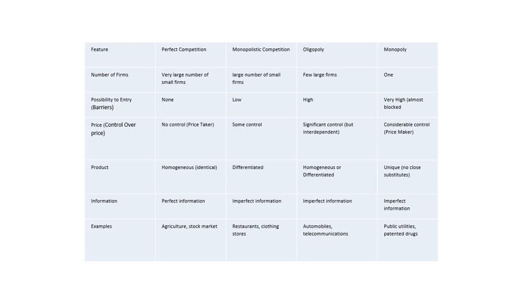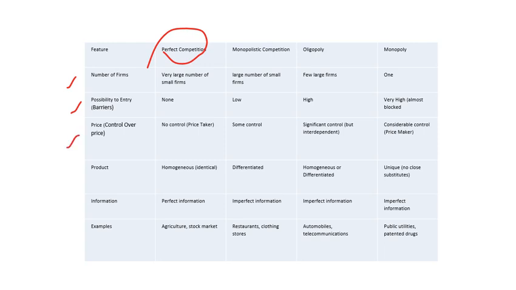Let's start with perfect competition. The first question to ask is how many firms are in this market, and the second question is how easy it is to enter this market.